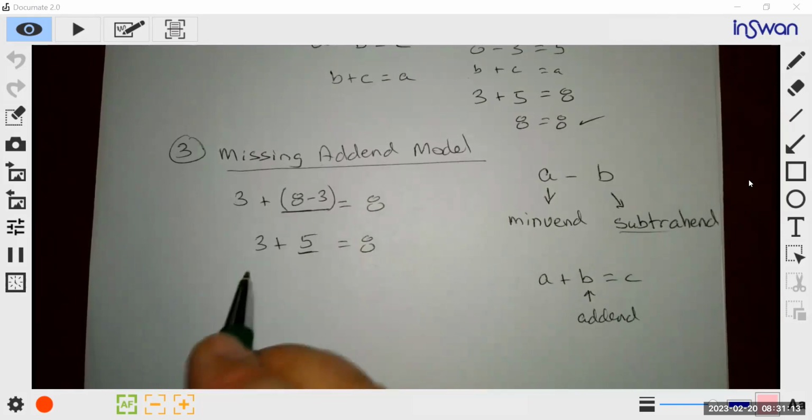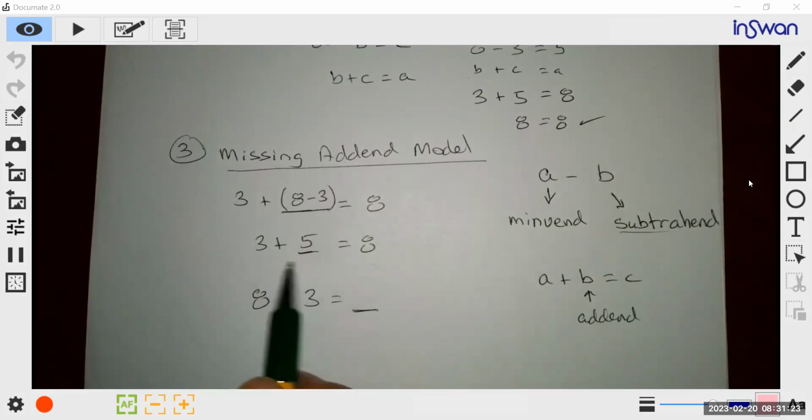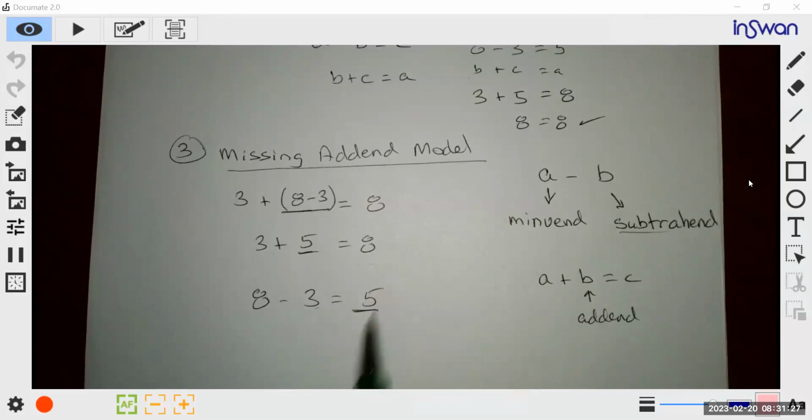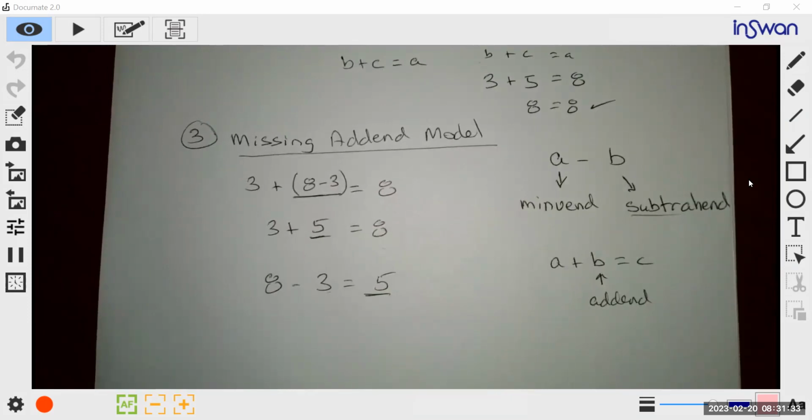Now, why is this important? Because if I had 8 minus 3, then since I know that 3 plus some number equals 8, 3 plus 5 equals 8, then 8 minus 3 has to equal 5.